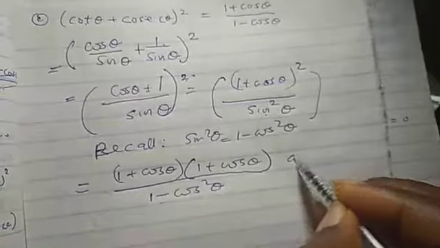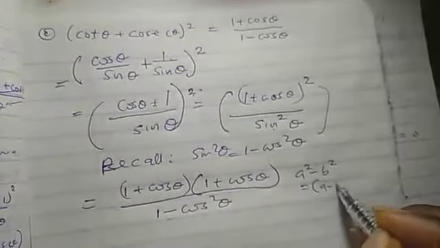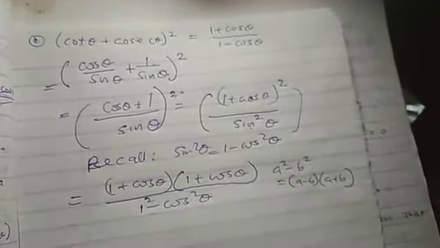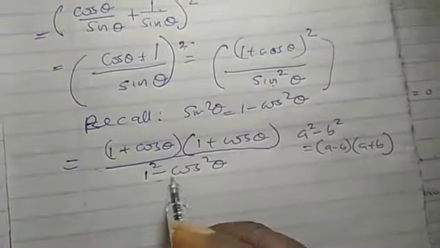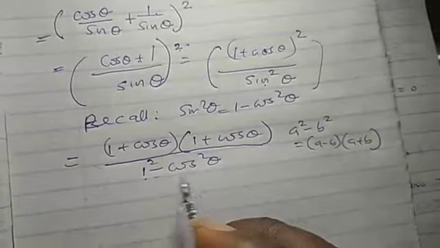I can now use difference of two squares, a square minus b square is a minus b times a plus b. Here 1 can be written as 1 square, so that our a is 1 and our b is cos theta.